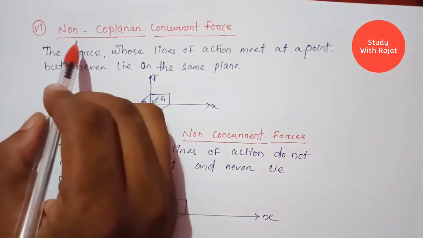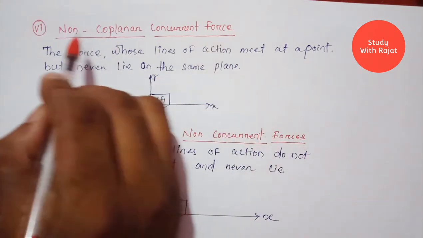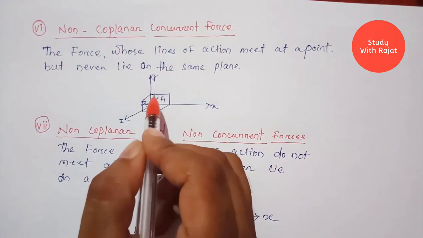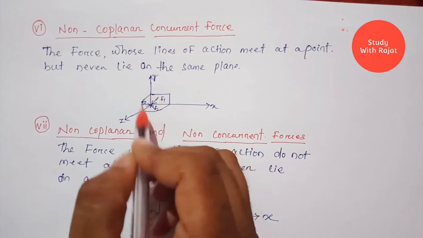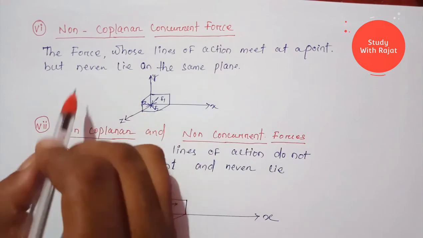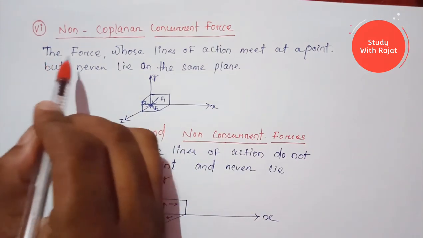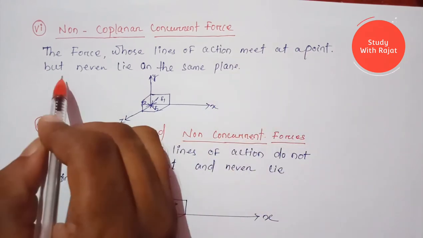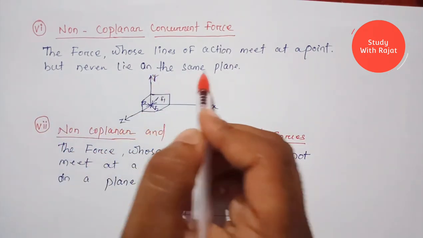Next is the non-coplanar concurrent force. Non-coplanar means there should not be a single plane. We can take different planes, but the forces will be concurrent. The definition says that these are forces whose lines of action meet at a point but never lie on the same plane.